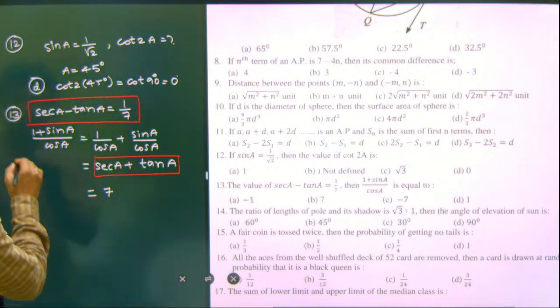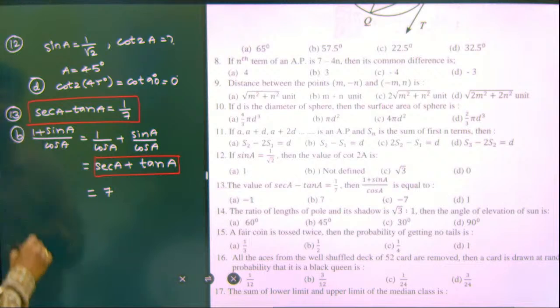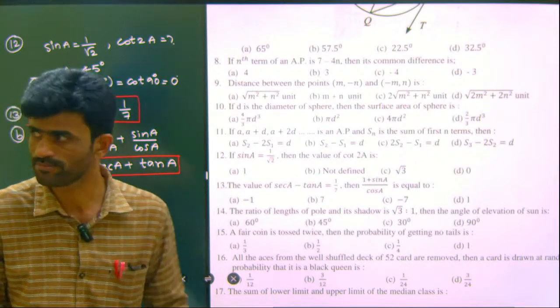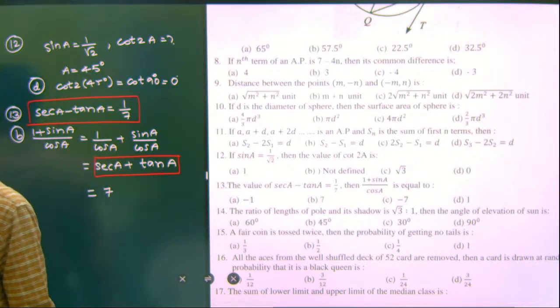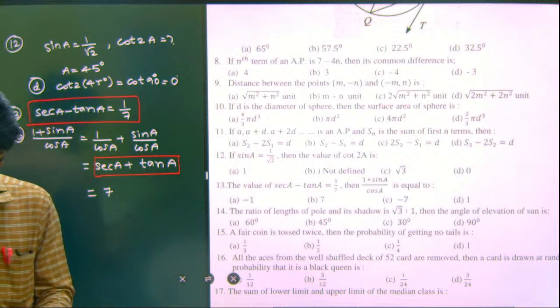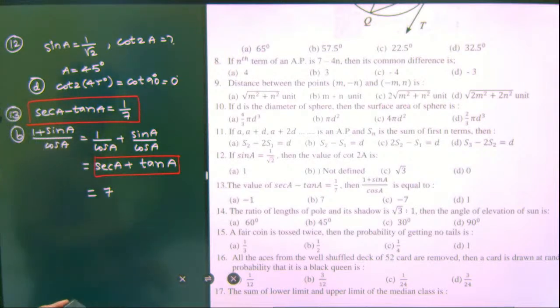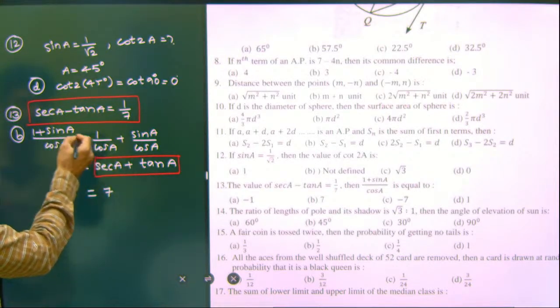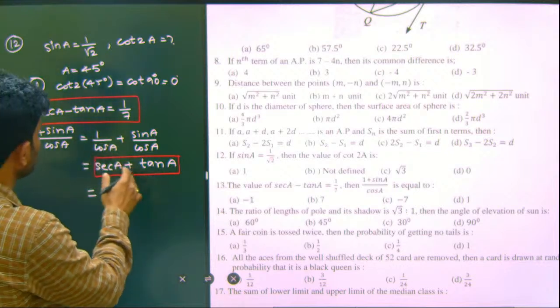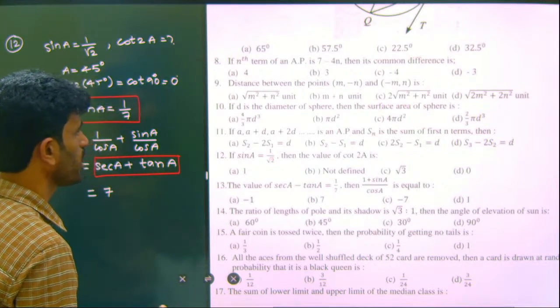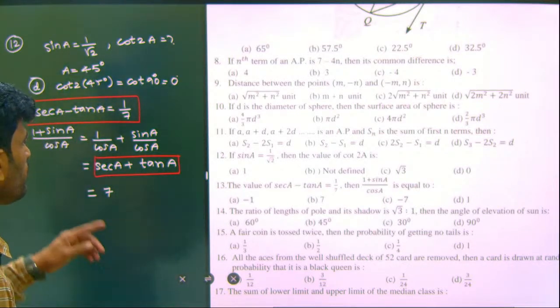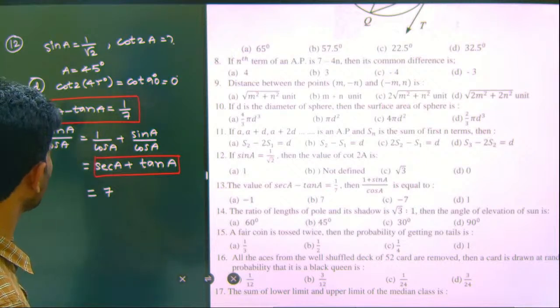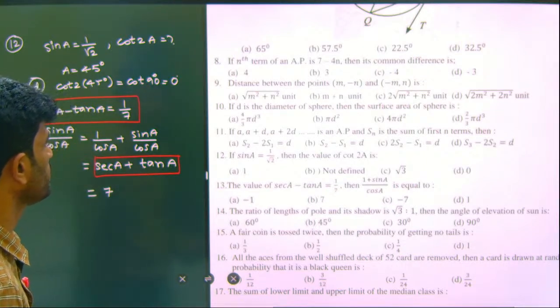Which option? Option B. Question number 13, option B. First you simplify 1 plus sin A by cos A, then you get secant A plus tan A. We know they both are reciprocals. If that is 1 by 7, this is 7.